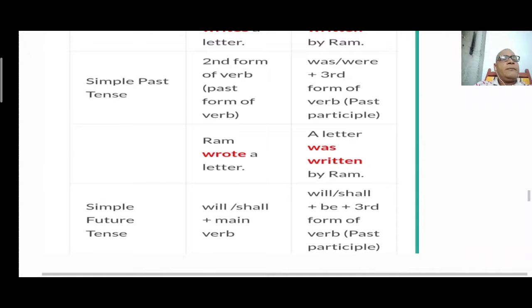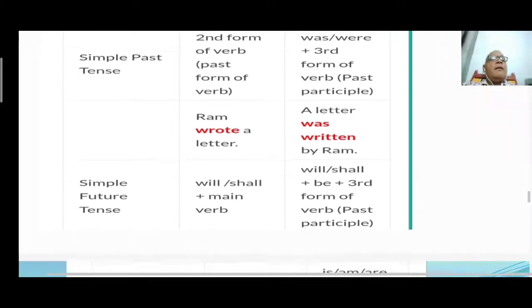A letter will be, I said be form. A letter will be, write, wrote is past, verb 3 is written. A letter will be written by Rama. Letters will be written by Rama is also one example, but you don't see any change between them.